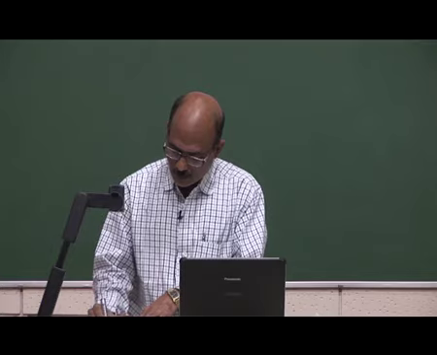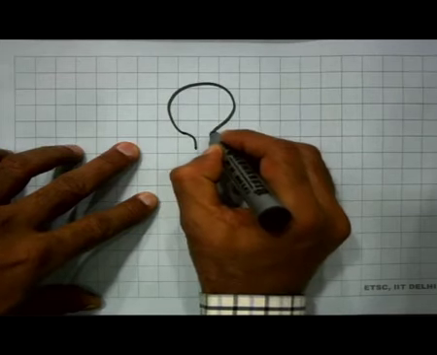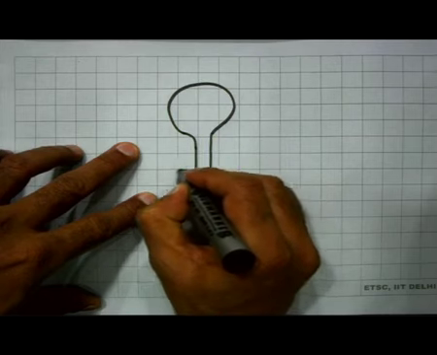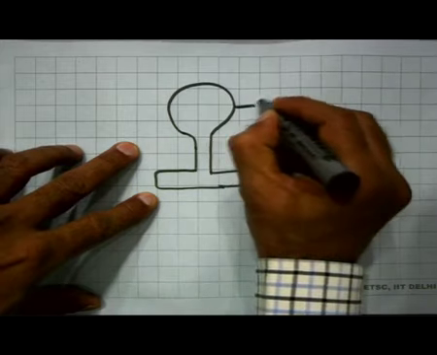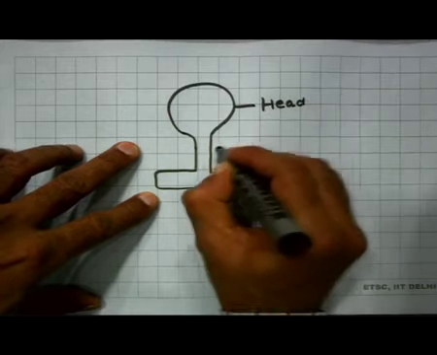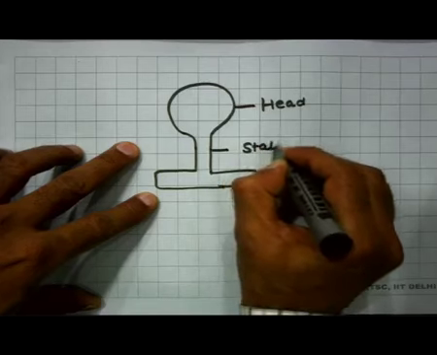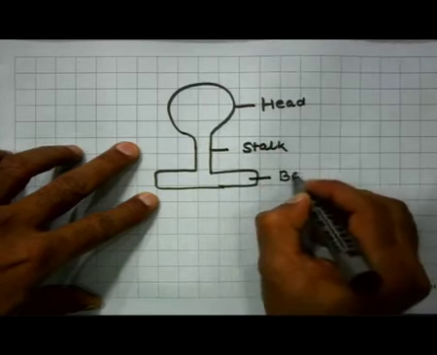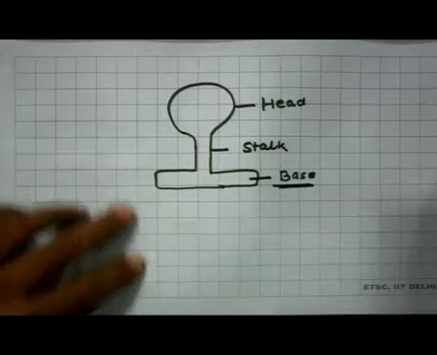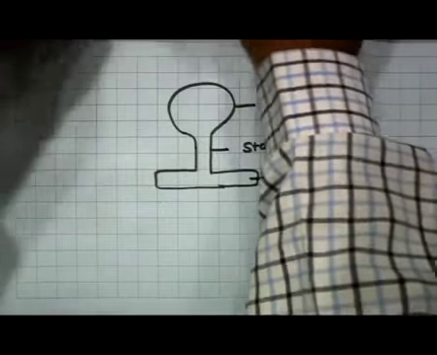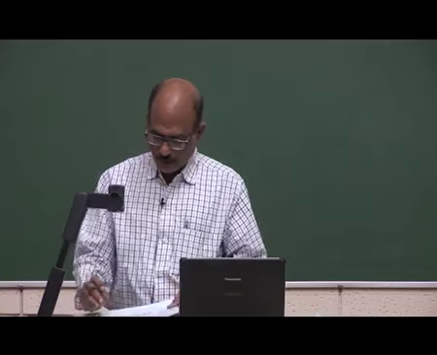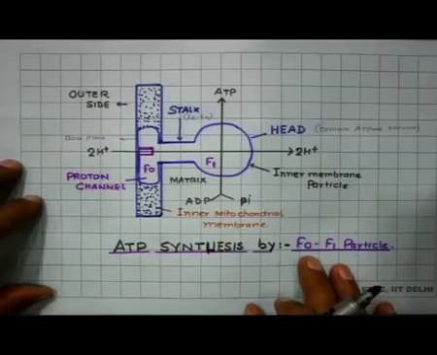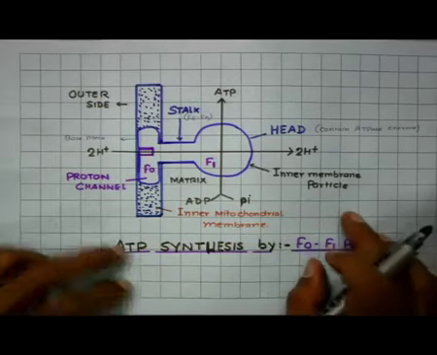The oxysome structure is of this type: this one is the head, it is the stalk, it is the base. All the enzymes are present here at the head region. This is the structure of the oxysome.